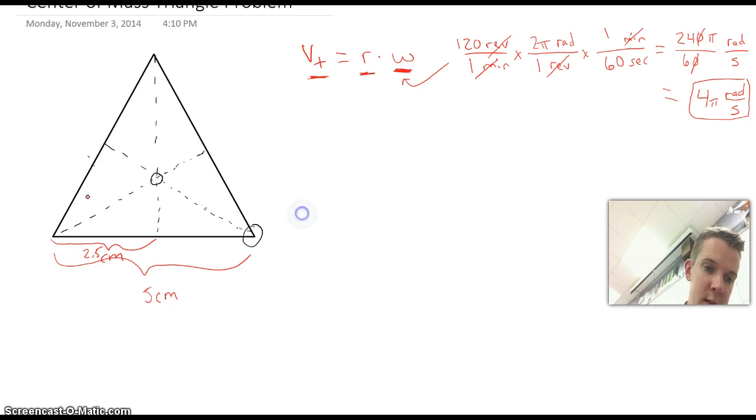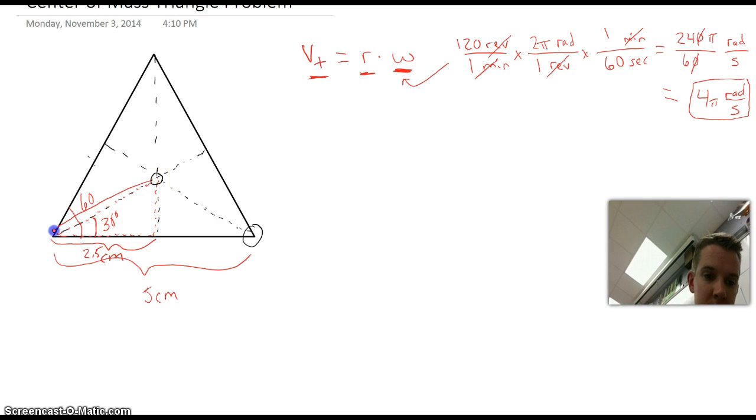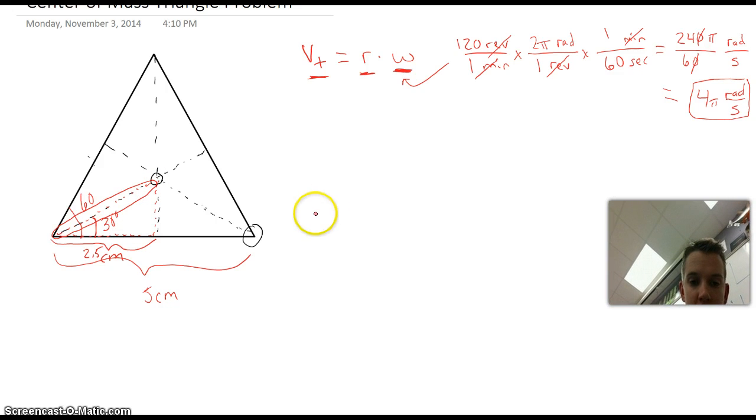I know this whole angle here has to be 60, but we've cut it in half, so this little one is 30. Now I can use this little triangle to figure out this little side, which is what I really want, because that's how far away each tip is from the pivot point.